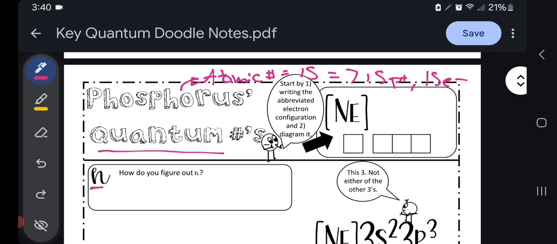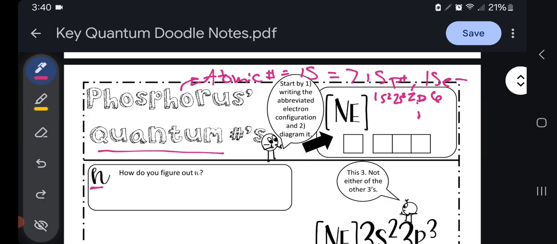So phosphorus, you can actually do the electron configuration. You're going to start at hydrogen every time. Remember, you go 1s2, 2s2, 2p6.